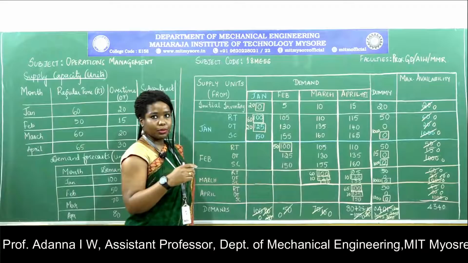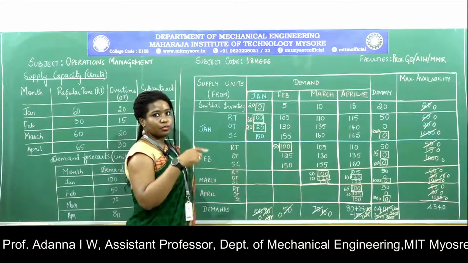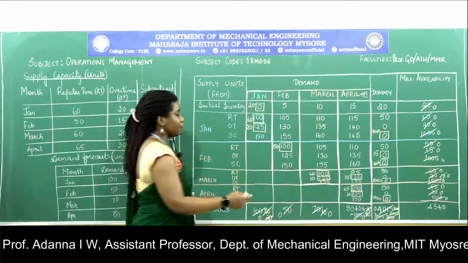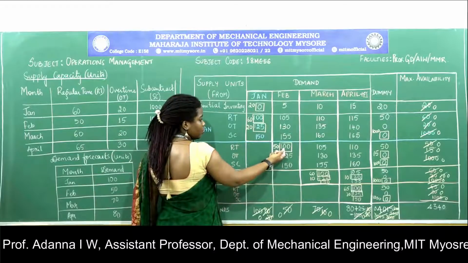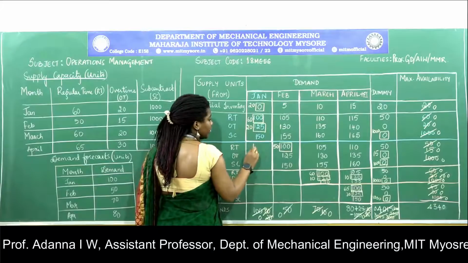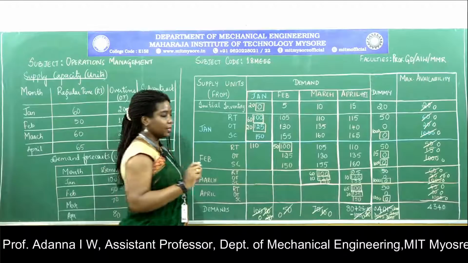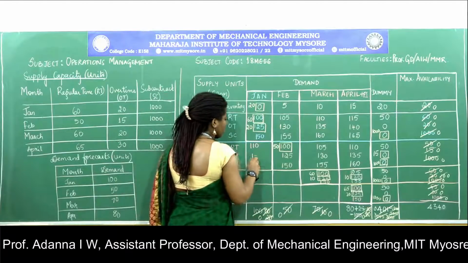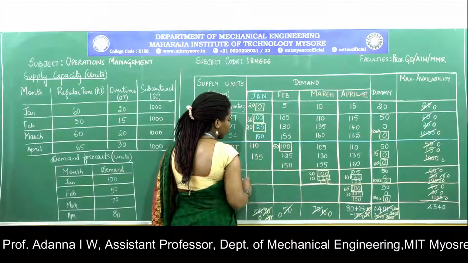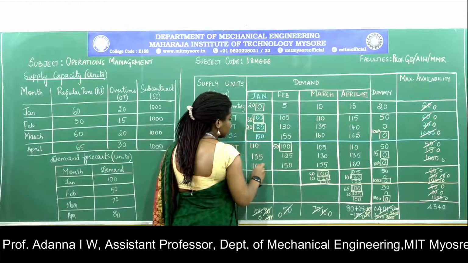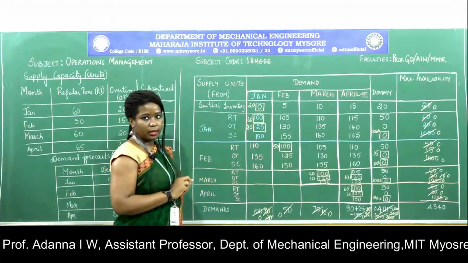At 10 rupees per unit, if at all an order was placed in January but delivered in February, count backwards 10 rupees per unit, which means that 100 will become 110 over here. It's going to cost 110 if there is a back order, 135 if I've used overtime, 160 if I've used subcontracting.